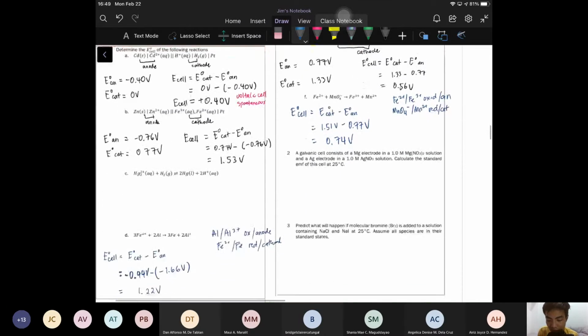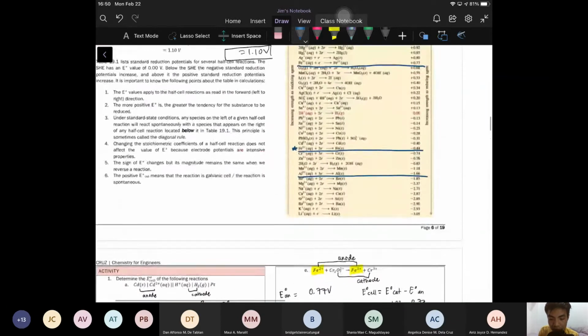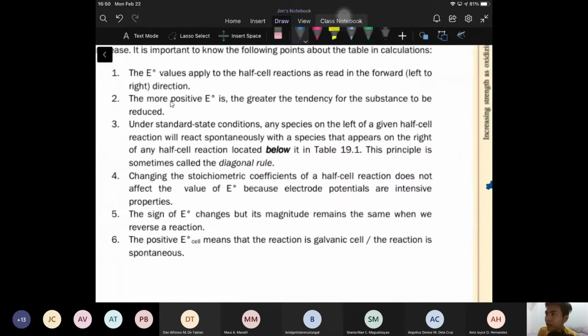Okay, sa module nyo, may nakalagay na ganito. Babasahin nyo yung part na to. Under standard state conditions, any species on the left of the given half-cell reaction will spontaneously react with the species that appears to the right of any half-cell reaction located below it.